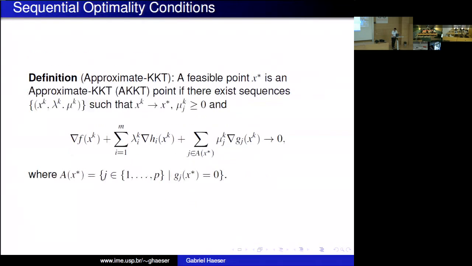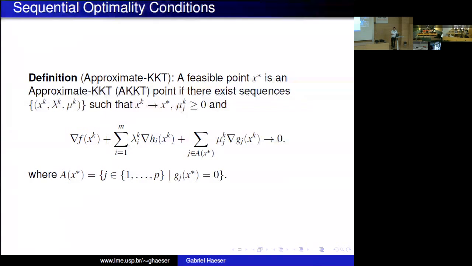But what I want to do now is to check this condition in practice. So the idea is that I build an algorithm that generates this sequence xk converging to x star, and the algorithm generates approximations for the Lagrangian multipliers, lambda k and mu k.